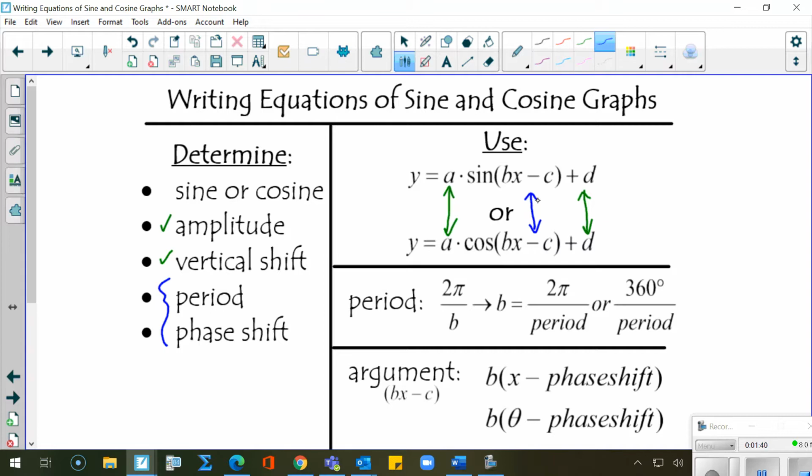But we're going to start to keep our argument with the b coefficient factored out. And inside the parentheses, x or theta minus the phase shift. In order to get that b coefficient, we will always use 2 pi or 360 and divide by the period that we can tell from the graph.